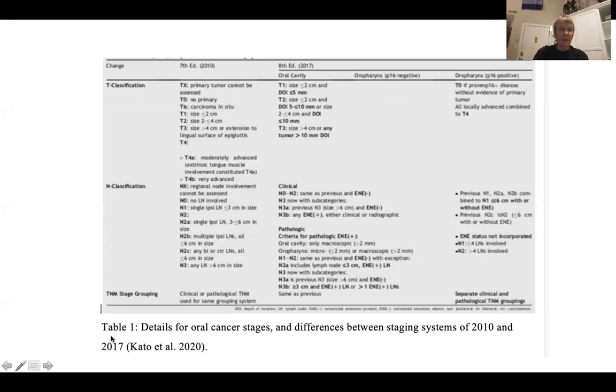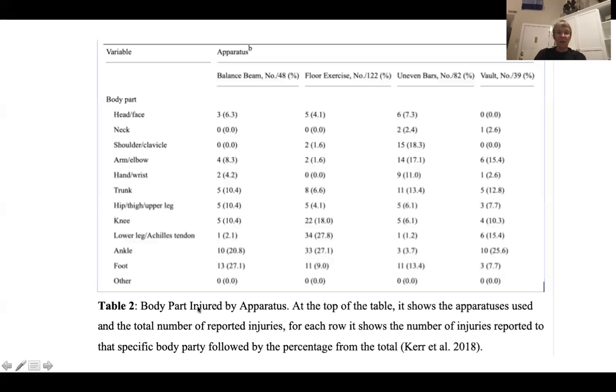You can see that the student has labeled it Table 1, given it a title, and ended that with the correct in-text citation for where this table was obtained from. In this case, it doesn't really need a long legend, because up here it says oral cavity, it says oropharynx. So it's reasonably self-explanatory, and there's not a very large legend.